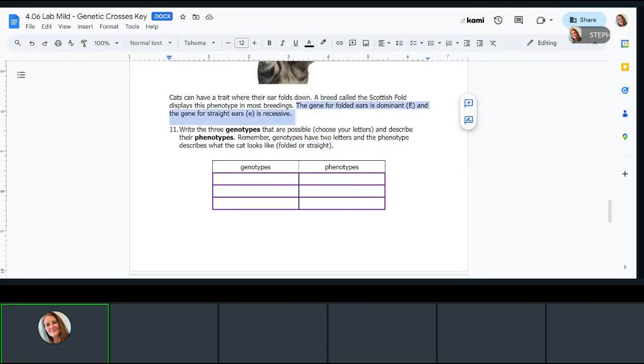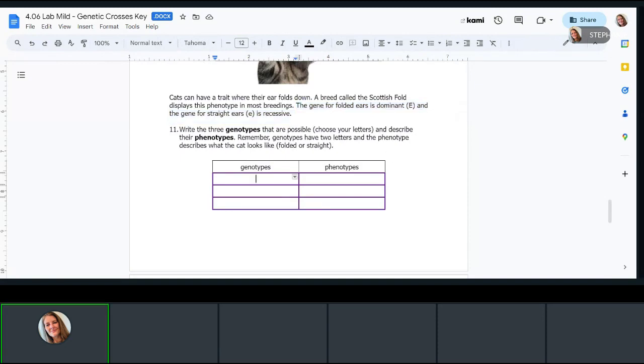The gene for folded ears is dominant. The gene for straight ears, little e, is recessive. So we're going to write the big E and the little e for folded and for dominant.